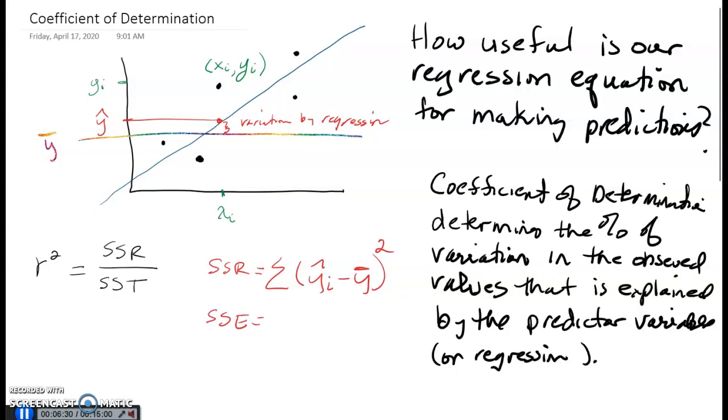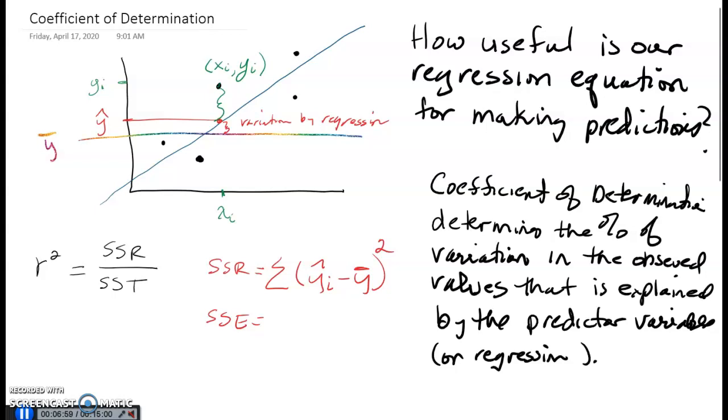if we look at the regression from our actual value down to our regression line, what we have here is variation that is not explained by the regression. Any deviation not explained by the regression could be sampling error, it could be a lot of different things.